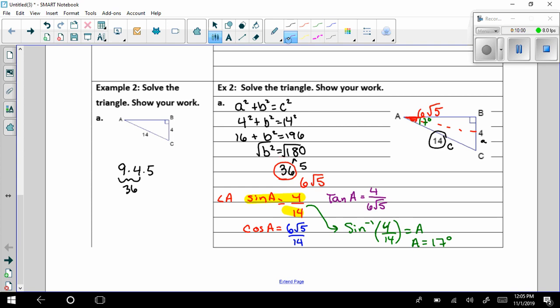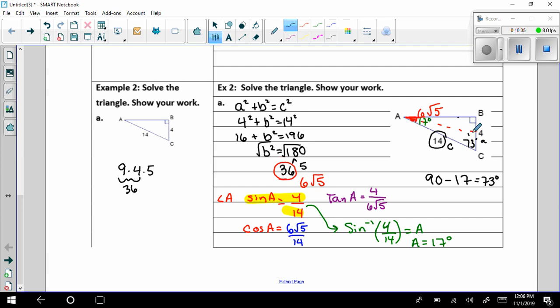To find your last and remaining angle, you could set up another trig function for C, but you could just take 90 minus 17, and that will give you what is left because the acute angles in a right triangle add to 90, and we get 73 degrees. Then recall what I told you about the larger angle being across from the longer side, the smaller angle being across from the shortest side.